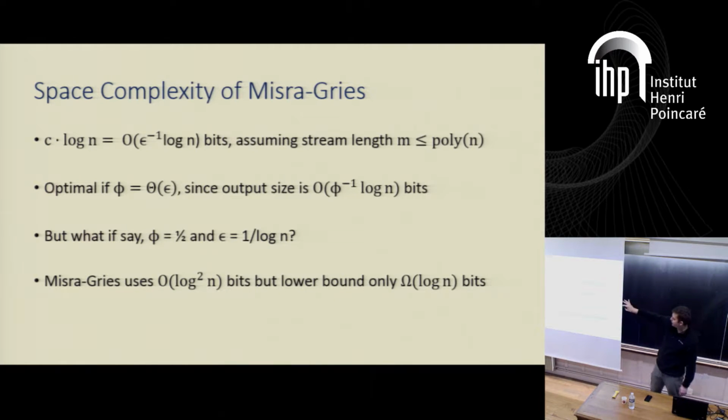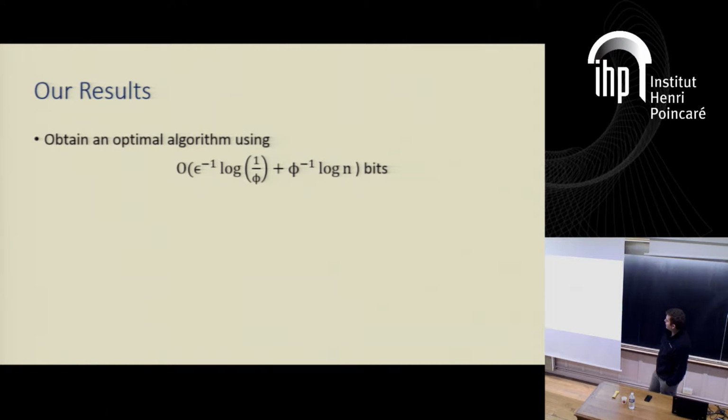This is what we study in this first part of the talk, and we're going to close this gap for L1 heavy hitters. What we obtain is a new algorithm for L1 heavy hitters, which is optimal. The space complexity still has this 1 over phi log n to specify the heavy hitters.